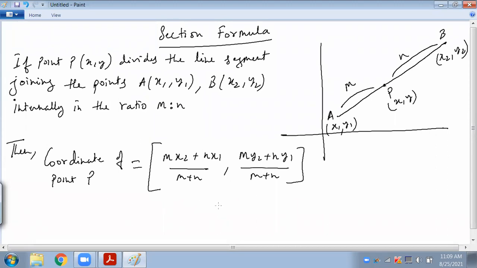Okay, once you are done writing, draw the figure also on the right side. Now I have drawn the figure, draw it on the right side. And once you're done, you can raise your hand. Then we'll see one more formula, that is midpoint formula.